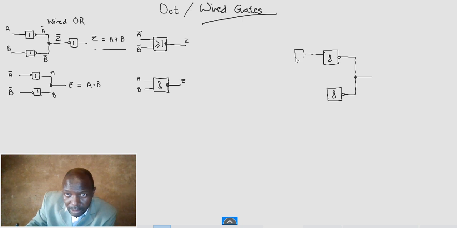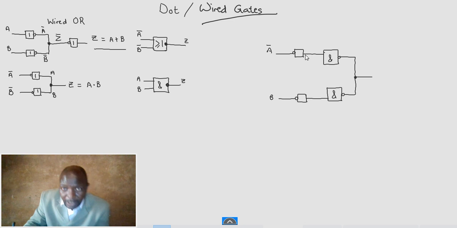I want inverted inputs, two of them, because what I'm trying to do is have a NOT A and a NOT B.